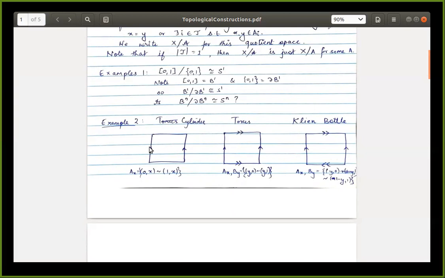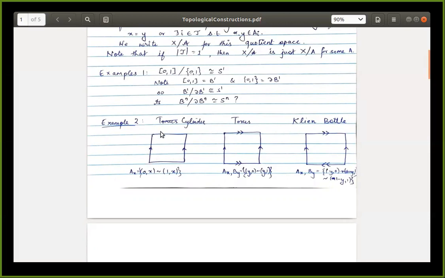Also here, to make the cylinder, I first identified this line with this line in the same direction. Had I done the identification of this line with this line in the opposite direction, which means a point here would have been identified with a point here, then I would have gotten a Mobius strip, right?